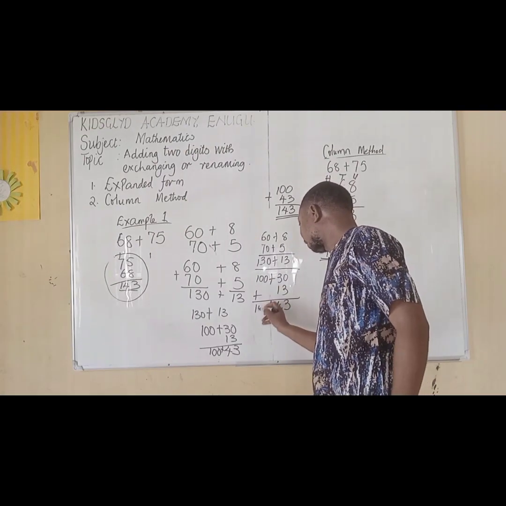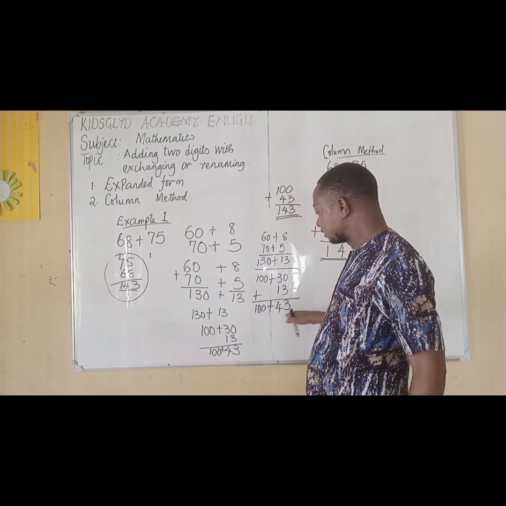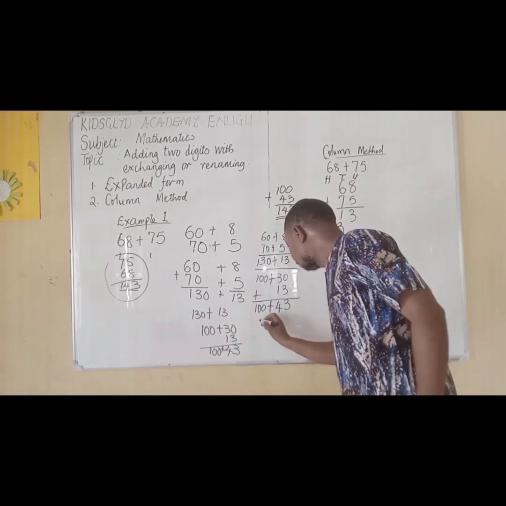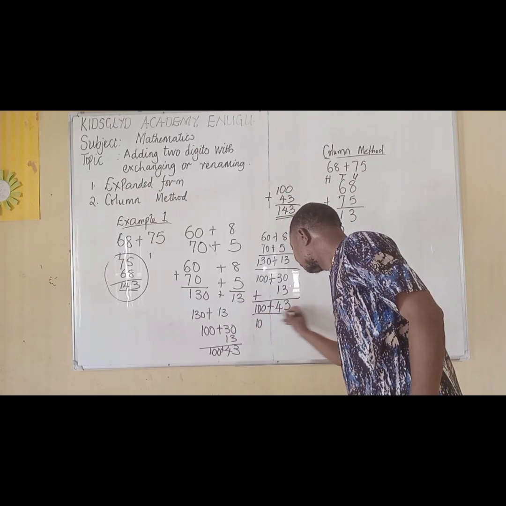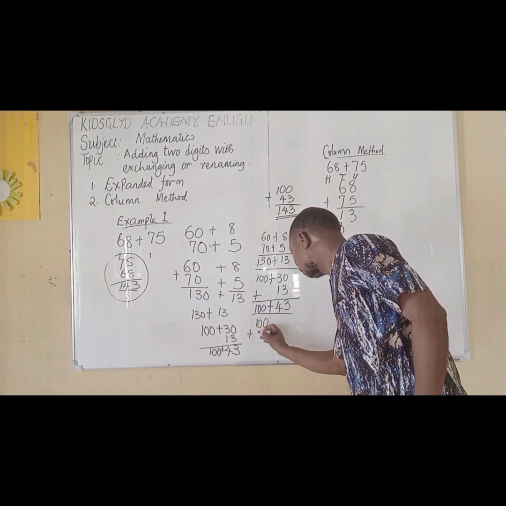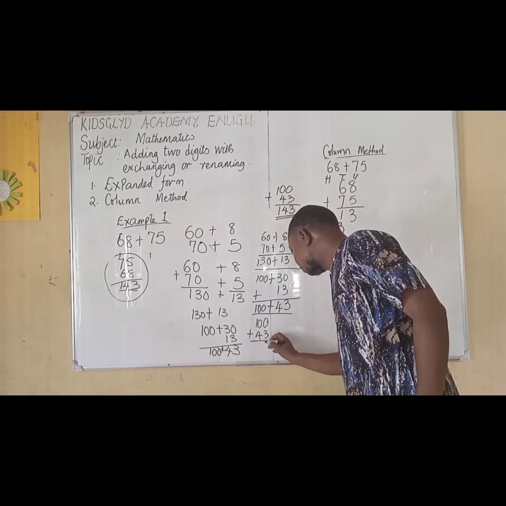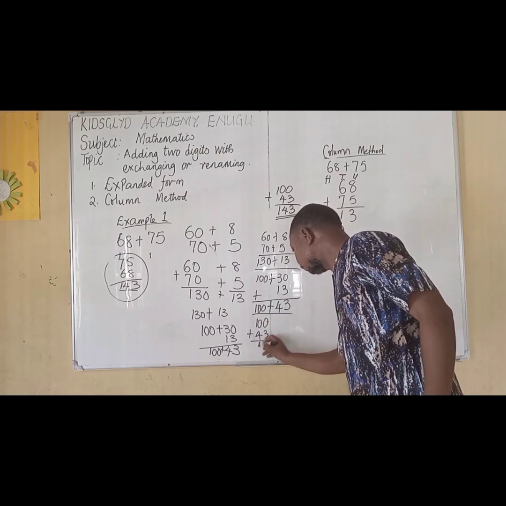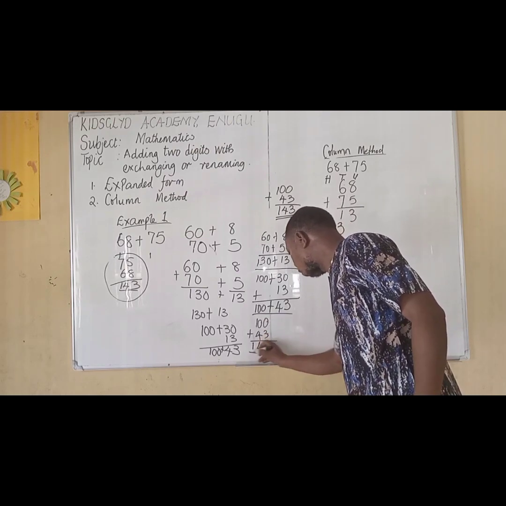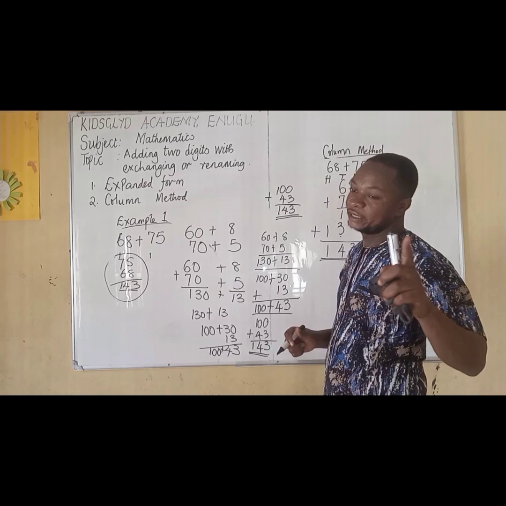Plus 100. Now we are going to add these two, which will be 100 plus 43. Now this will give us 0 plus 3 is 3, 0 plus 4 is 4, bring down 1. That is just what we did earlier.